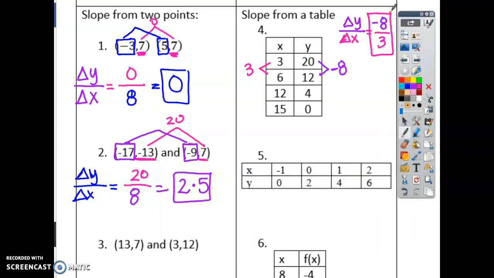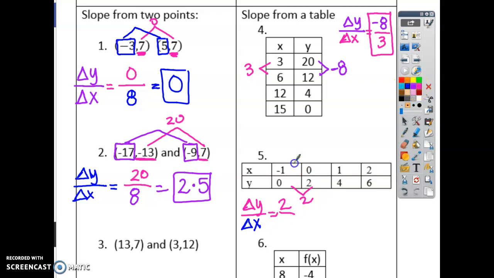Okay? Number 5. Same thing. The change of y divided by the change of x. So how much did my y change by? From 0 to 2. Up by 2, right? Subió 2. So my change of y is 2.